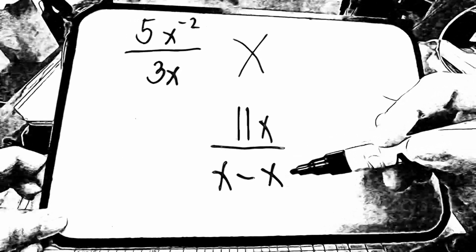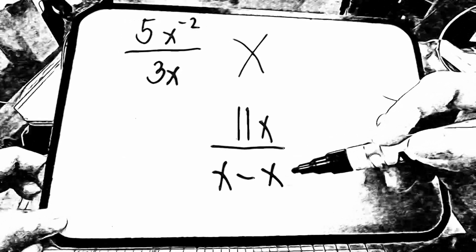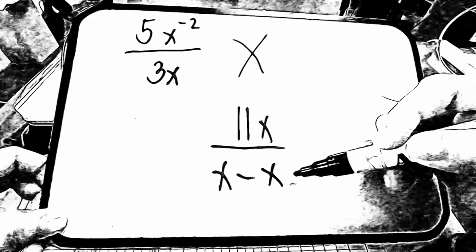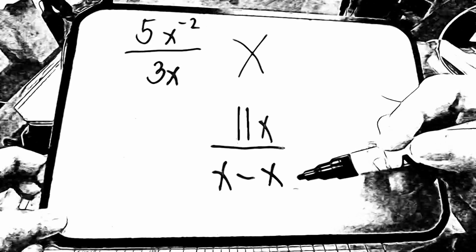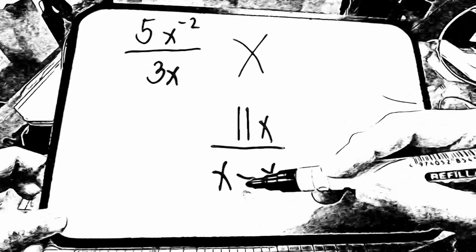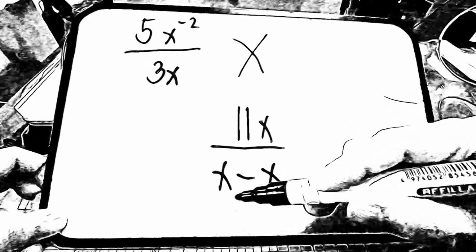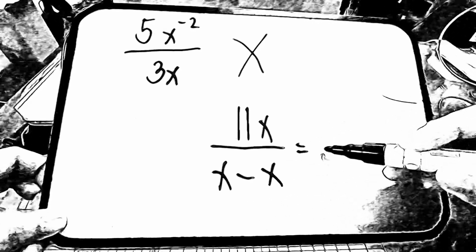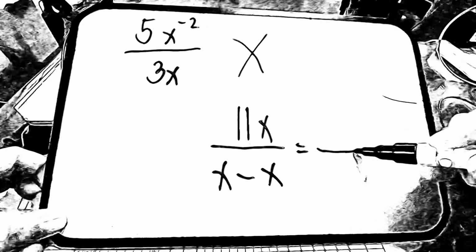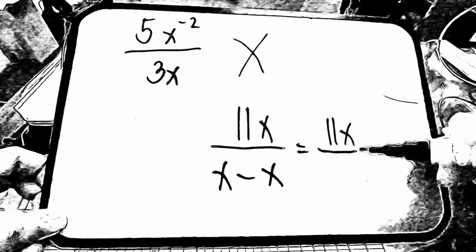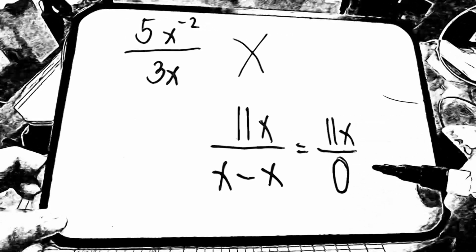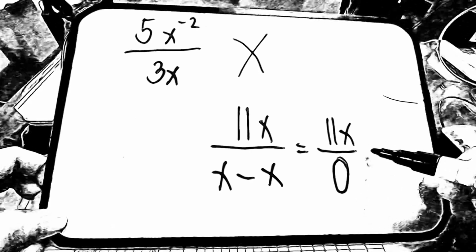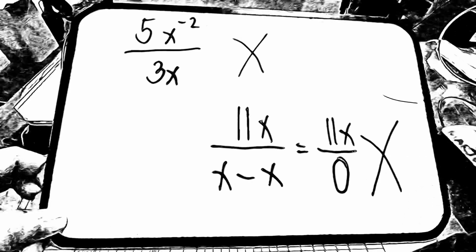Since our denominator is x minus x, same variable, same exponent, we can combine it. Our operation is subtraction, therefore, we subtract x minus x. x minus x is equal to 0. Now, we have 11x all over 0. And our denominator here is 0, therefore, this example is not a rational expression.